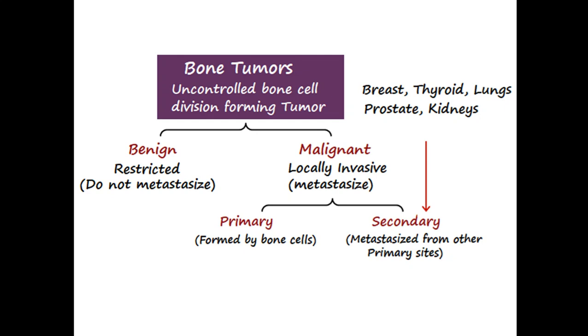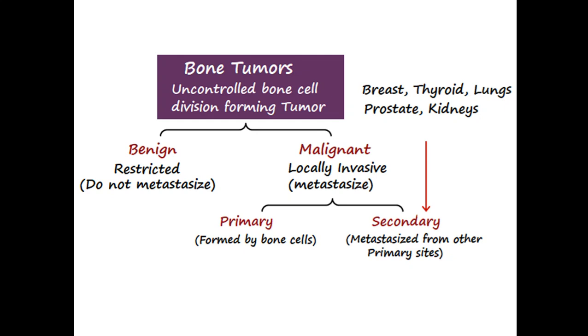The secondary malignant bone tumors include those tumors where the primary focus of the tumor is somewhere else in another organ, but the tumor gets metastasized to the bone. The organs from where the tumor cells metastasize, forming tumors in the bones, commonly include the breast, thyroid gland, lungs, prostate gland, and the kidneys.